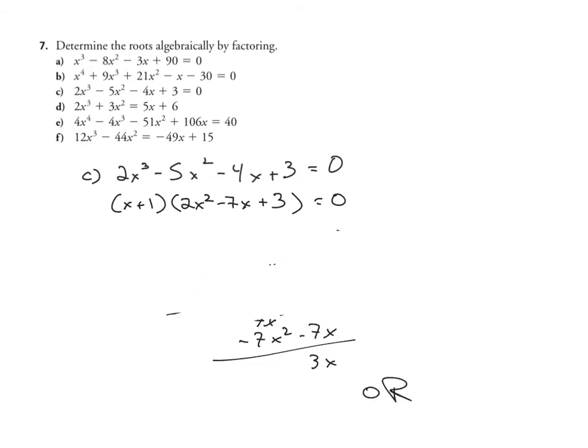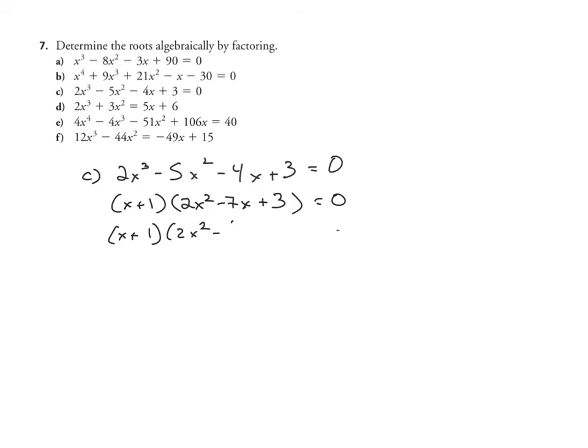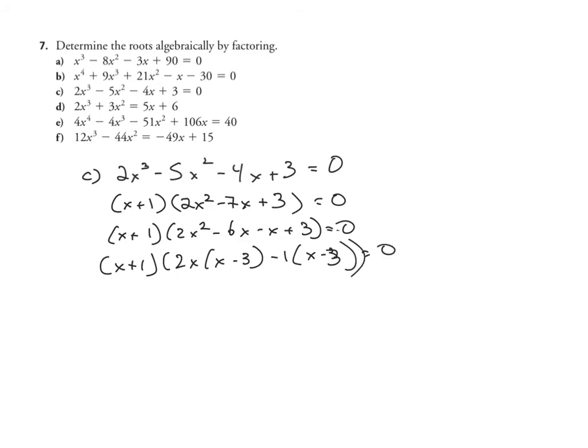Let's erase this garbage. Two numbers that multiply to give 6 and add to give negative 7. So that'd be negative 6 and negative 1. So 2x squared minus 6x minus x plus 3 equals 0. x plus 1 is, let's see, 2x comes out of those ones. x minus 3, and you got minus 1. x minus 3 equals 0. x plus 1, 2x minus 1, x minus 3 equals 0.